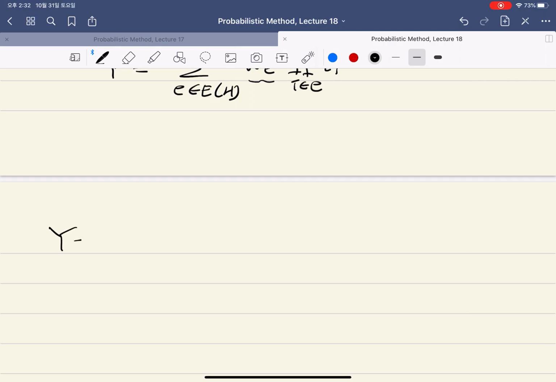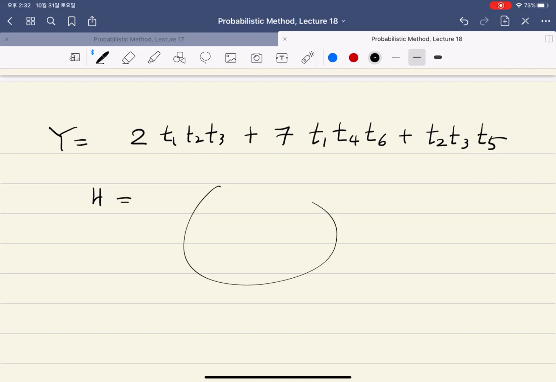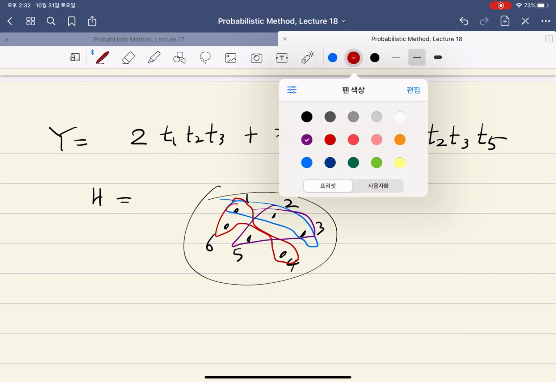So for example, if Y is 2 times t1 t2 t3 plus 7 times t1 t4 t6 plus t2 t3 t5, then our H has vertices 1, 2, 3, 4, 5, 6. You have this edge {1,2,3}, and this edge {1,4,6}, and this edge {2,3,5}, with the corresponding weights.